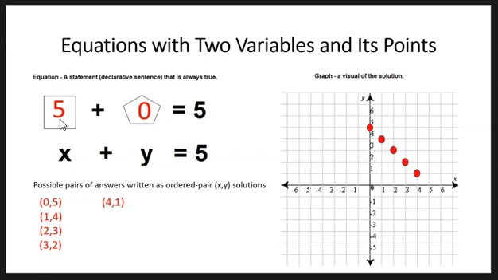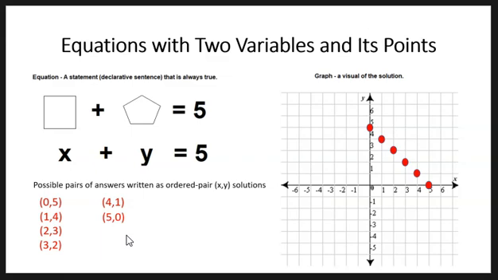Which is very different than 0, 5 because the order of the numbers is different. So when I write it as a pair, it will be 5, 0. When you put it in the graph, the dot will line up with 5 on the x and 0 on the y. And you can see that all of these points are neatly aligned on a straight line.